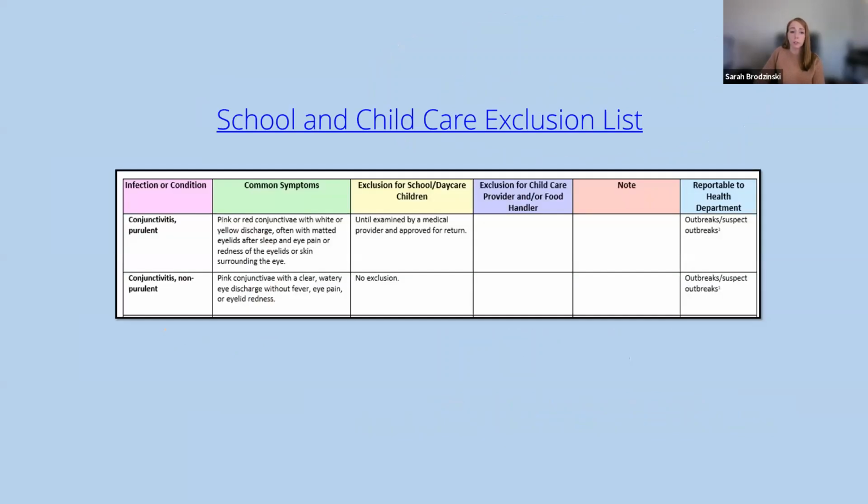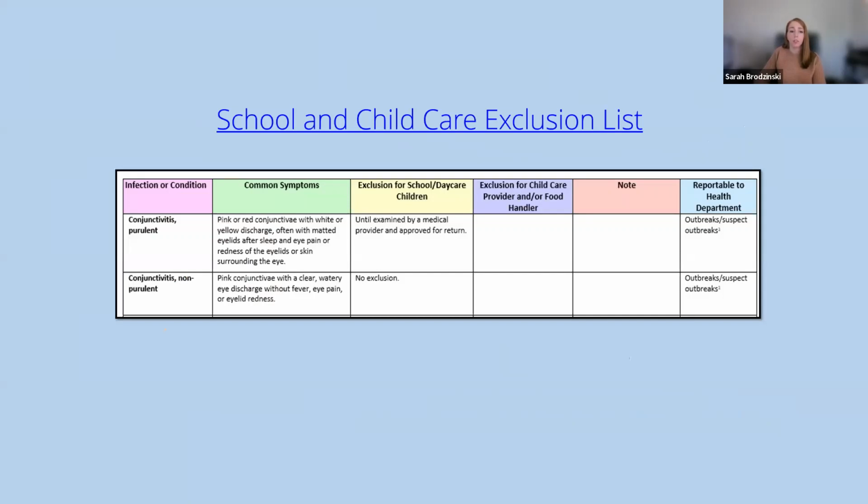On the exclusion list, you will see that there are two rows for conjunctivitis, one for purulent and the other for non-purulent. Purulent meaning a white or yellow discharge that can mat the eyelids, or non-purulent that may still have discharge, but discharge may be clear or watery.